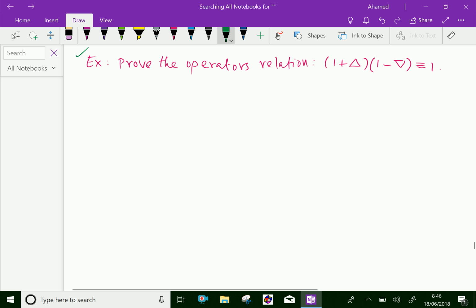Prove that operators relation, that is 1 plus delta into 1 minus inverted delta equal 1.